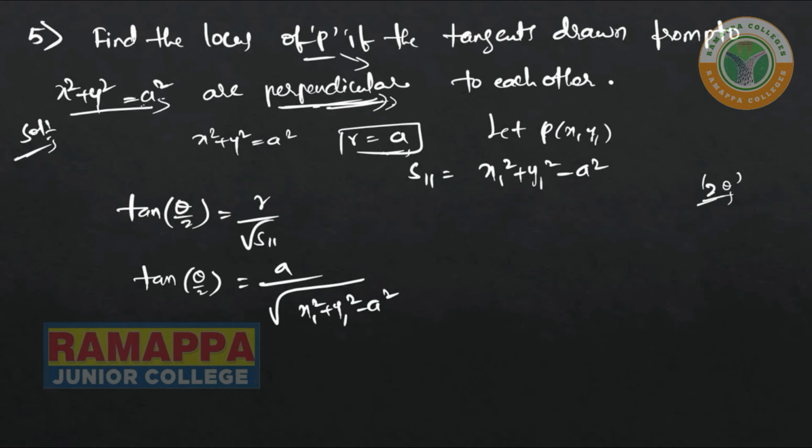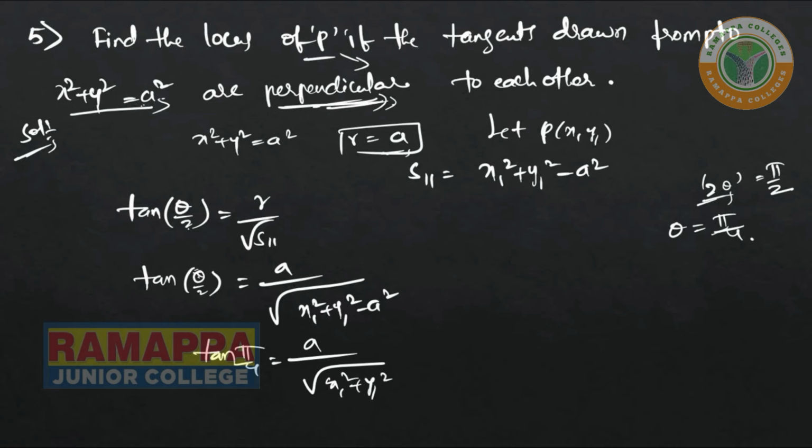Perpendicular means 90 degrees, so 2 theta is equal to pi by 2, and theta is equal to pi by 4. So tan theta by 2 is equal to tan pi by 4, which is a by under root of x1 square plus y1 square minus a square. Tan pi by 4 is equal to 1, so a by under root of x1 square plus y1 square minus a square is equal to 1.